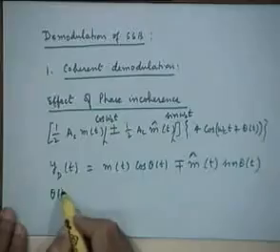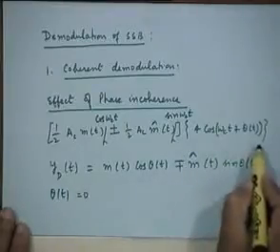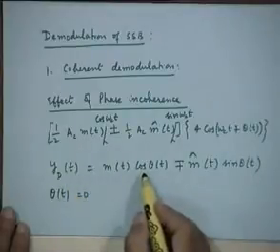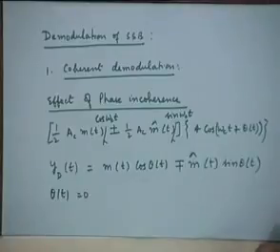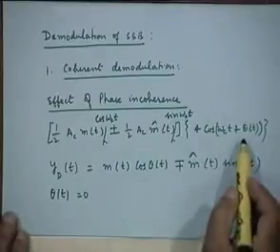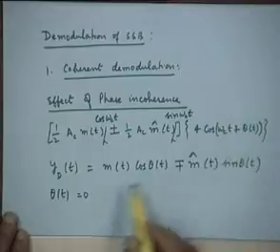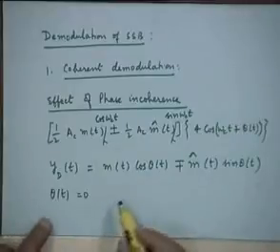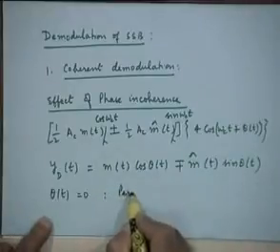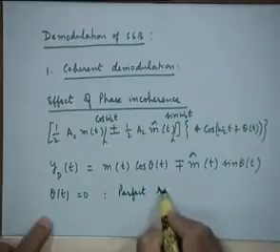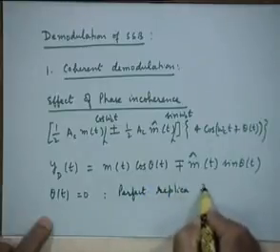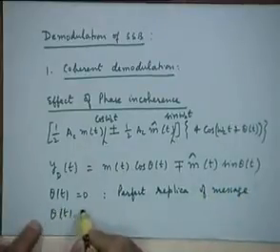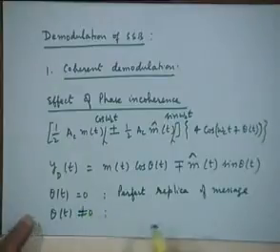If theta t is 0, that is, there is no frequency and phase offset, your demodulated output will be the same as m(t), which is what you want. If you have perfect synchronism, perfect coherence, output will be equal to m(t), the required output, a perfect replica of the message. But when theta t is not equal to 0, you have a problem.